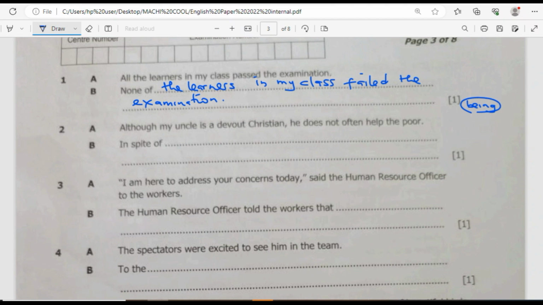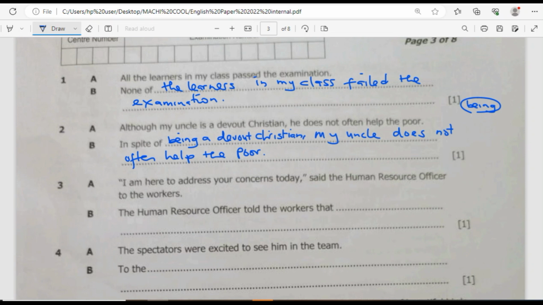So we can say, in spite of being a devoted Christian, my uncle does not often help the poor.